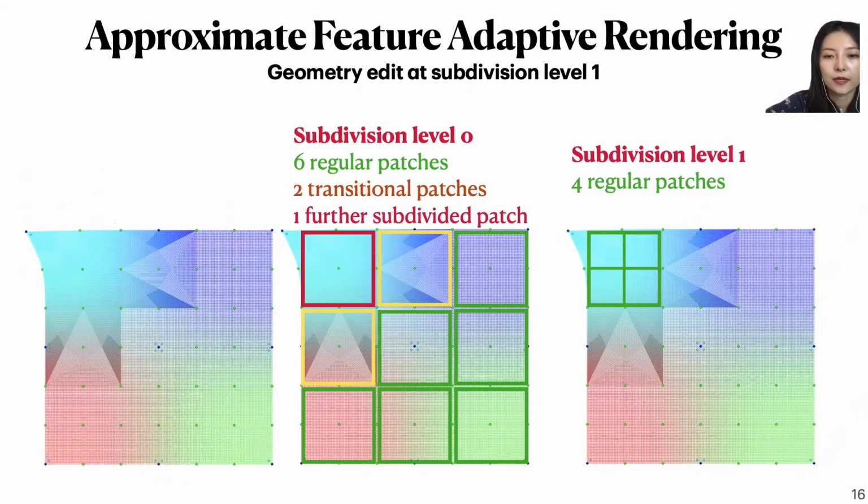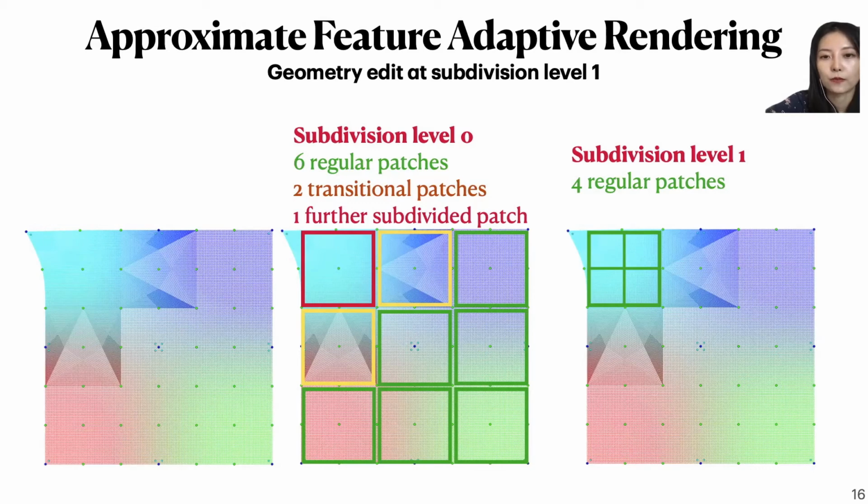For better understanding, let's see a simple example. This is a quad with 4 original vertices. Let's say I move one vertex at subdivision level 1. Then at subdivision level 0, after ternary subdivision, there are 9 quads. The red one is the affected face.